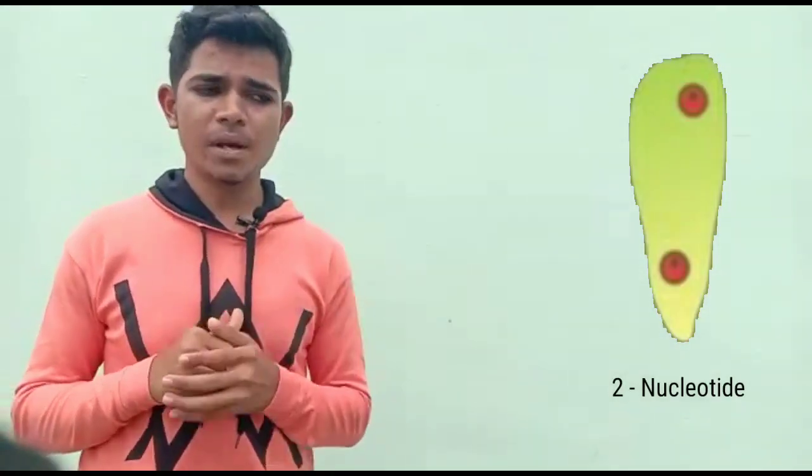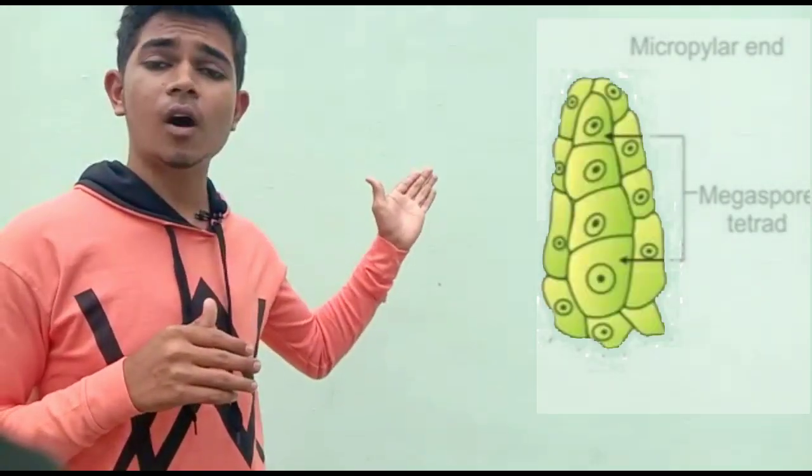Now we are talking about how a female flower has an embryo sac, a mature embryo sac, and how it becomes mature. A diploid, that is 2n, MMC undergoes meiosis to form 4 haploid daughter cells.